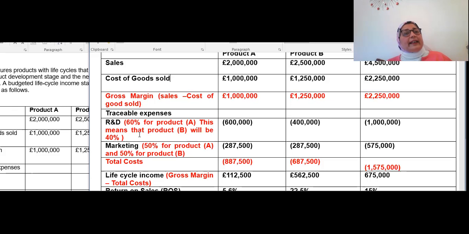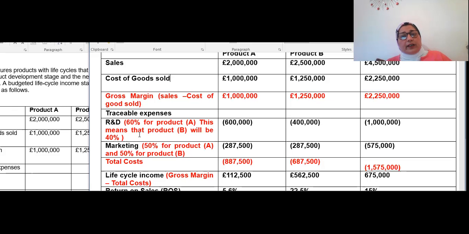To get the life cycle income, it is sales take away all these costs. So the gross margin take away all the traceable expenses. We have gross margin 1 million, take away the total cost, which is 887.5. That means the life cycle income is 112.5.